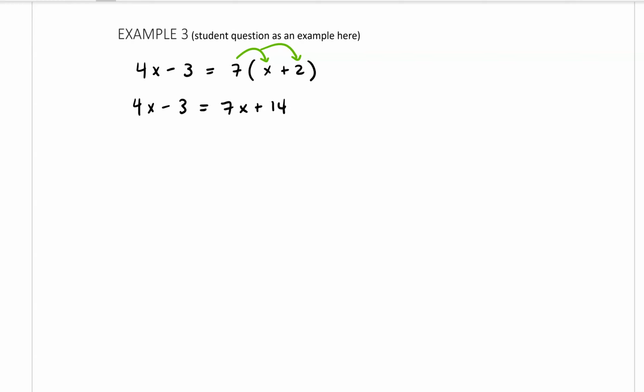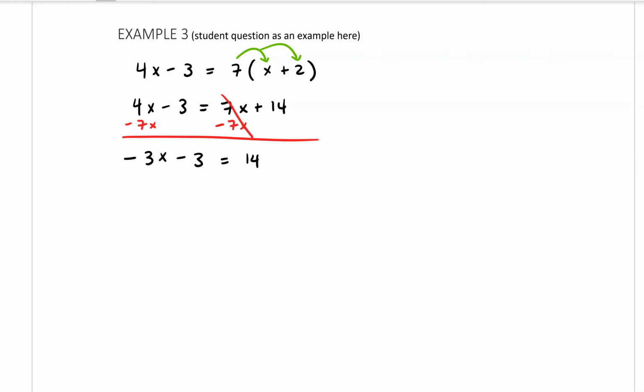So now basically we want to get everything that has a variable on one side and everything that does not have a variable on the other. So I'm going to subtract 7x on both sides of our equation. And if I do that, 7x minus 7x is 0, so those will cancel out. And then we'll be left with negative 3x minus 3 equals 14.